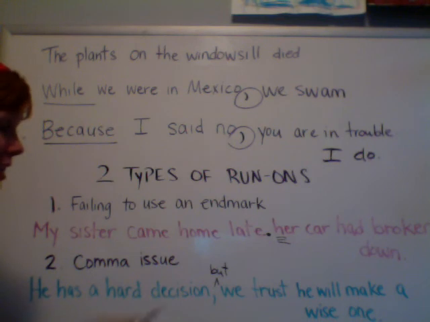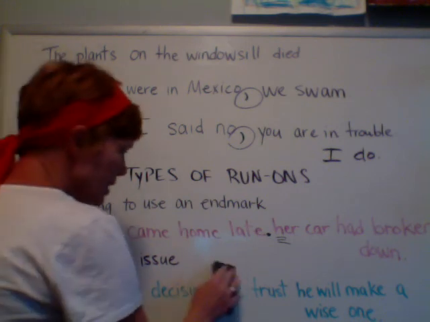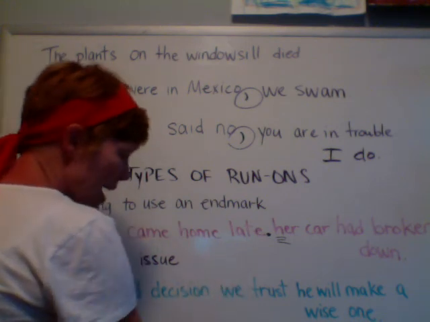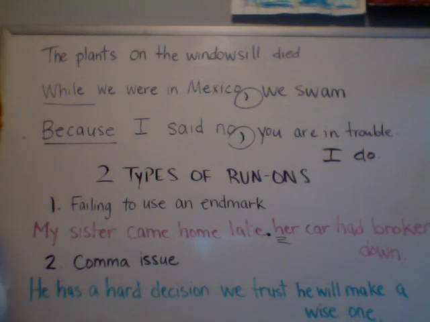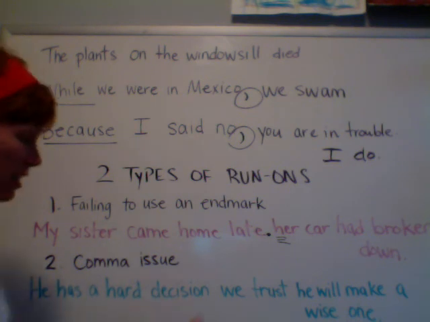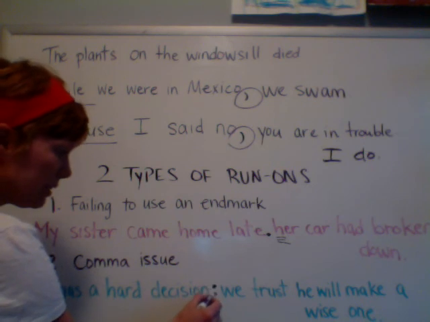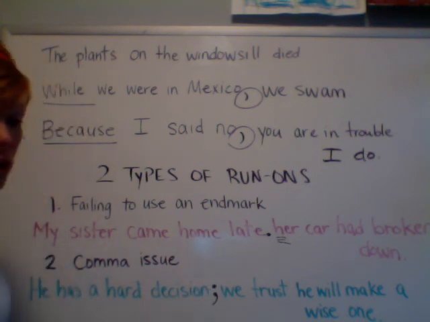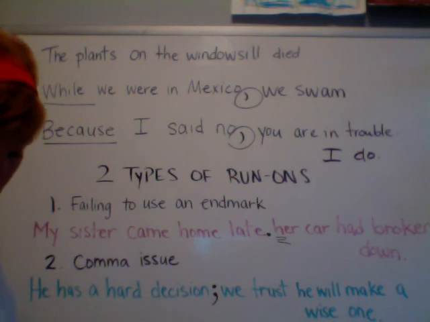Just by adding in the conjunction, we've corrected this run-on. Now, there's actually another way we could correct this sentence. This is the fancy way and the way that most people absolutely avoid. It's the semicolon. He has a hard decision; we trust he will make a wise one.